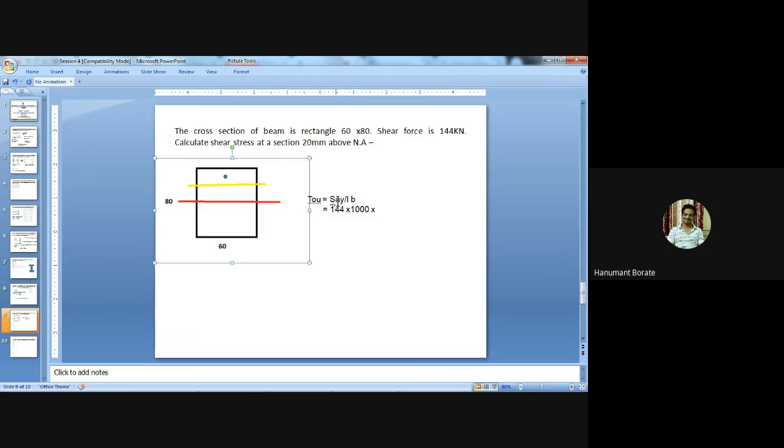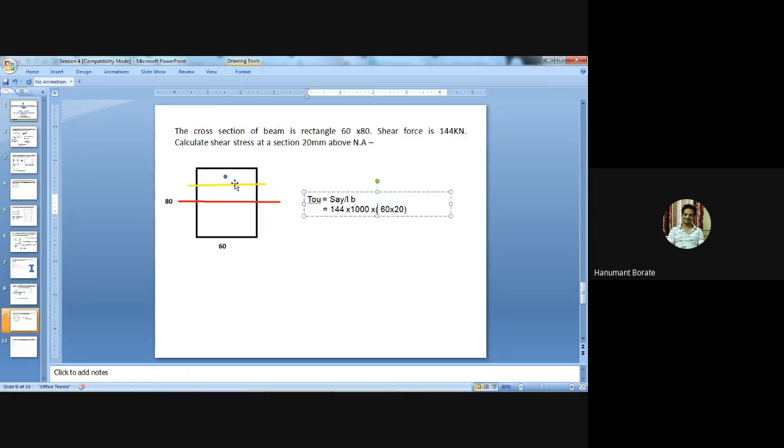So area A equals 60 into 20. And the value of y bar is important: it is the distance of the considered area's centroid.